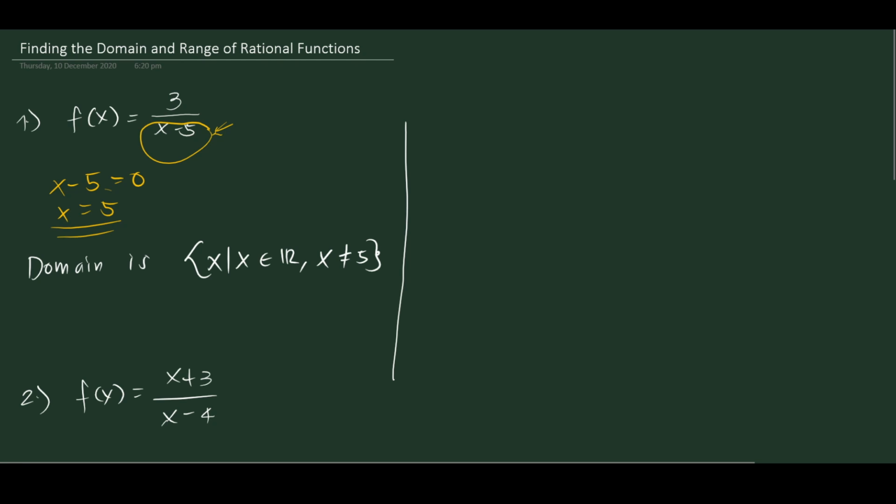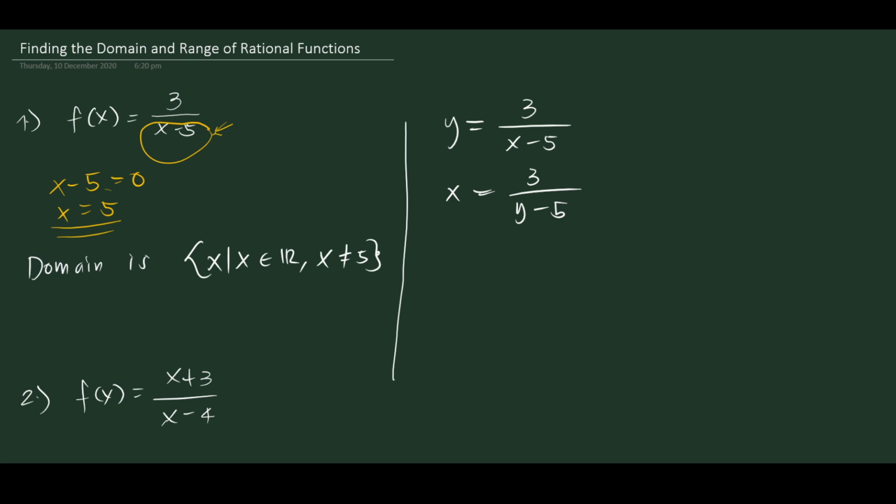Okay, so let's try to find the inverse. Let's write f of x as y here. Y is equal to 3 all over x minus 5. So how do we find the inverse? Let's interchange the x and the y first. So x is equal to 3 over y minus 5, right? And then let us solve for y.